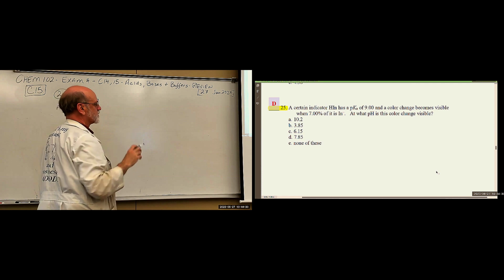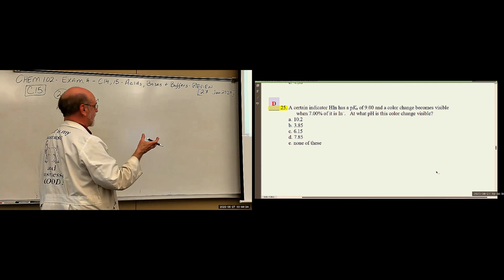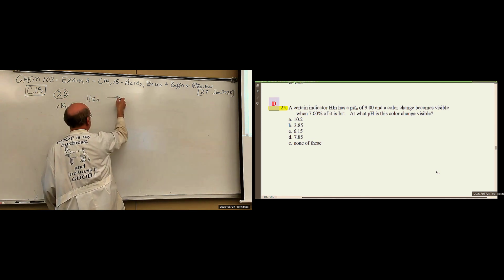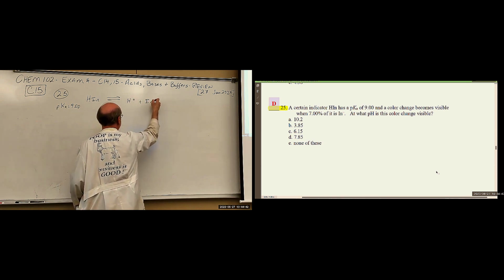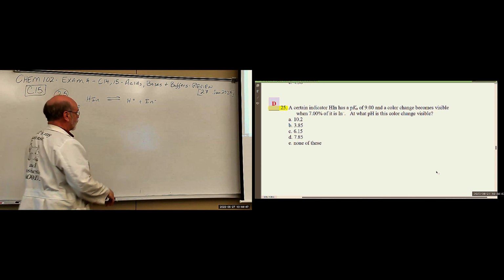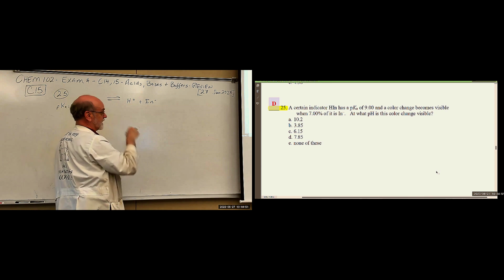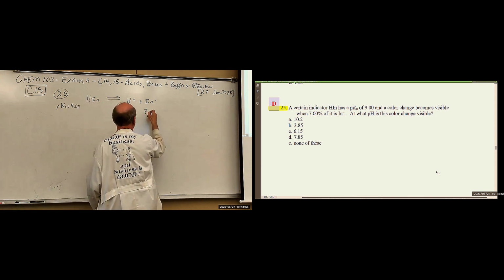A color change becomes visible when 7% of it is In minus. So we've got an equilibrium here set up, and the ratio of this to this is 0.07. Right? It's 7%.